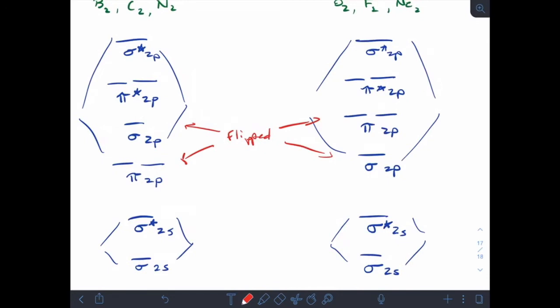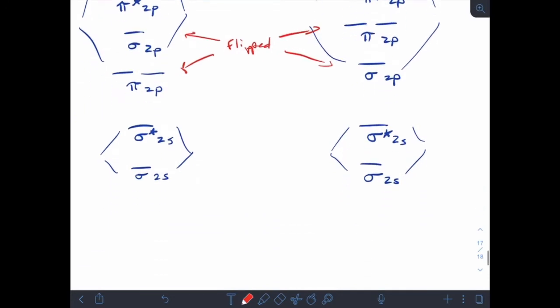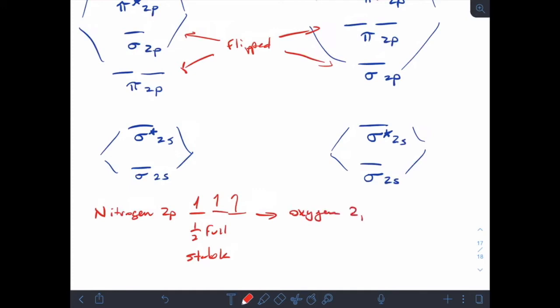Okay, and again, the reason for that is that your nitrogen 2p is half full, which is stable, right? Pretty low energy. And then when I get to the oxygen, when I go one more step up, the 2p has one more electron in it, right?